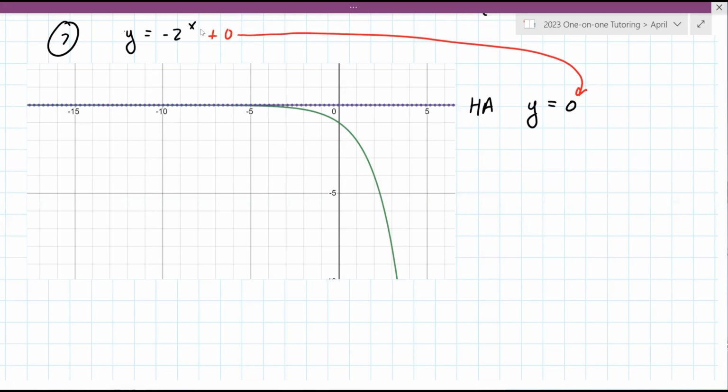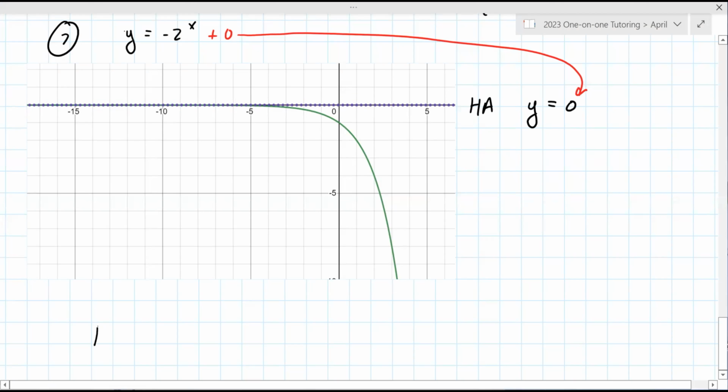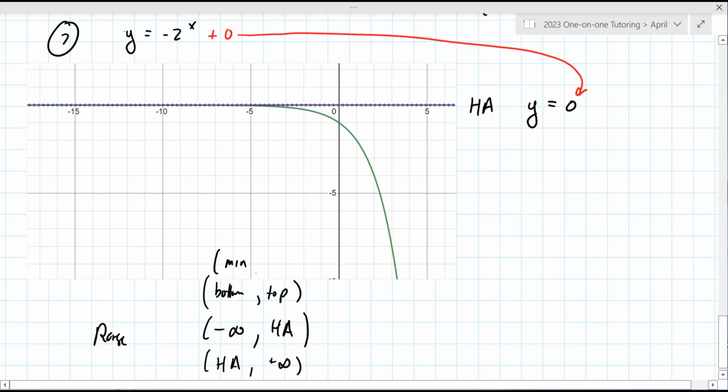Now the range, I mentioned, is either -infinity to the horizontal asymptote, or it's the horizontal asymptote to positive infinity. The range is always bottom to top, or if you prefer, min to max.